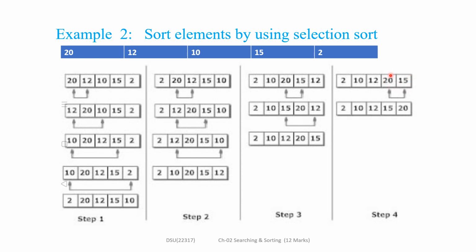These are the last two elements compared. Here 20 is greater than 15, that's why the swapping is done. And so we will get this sorted list. You can solve this example by yourself.